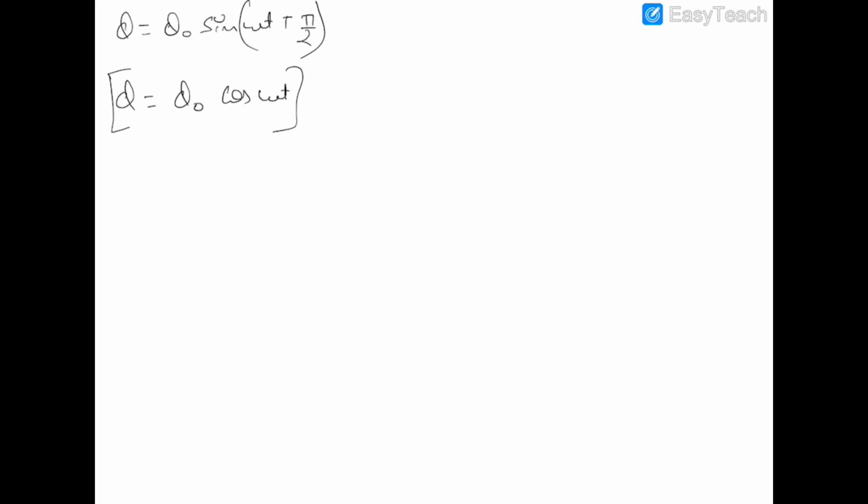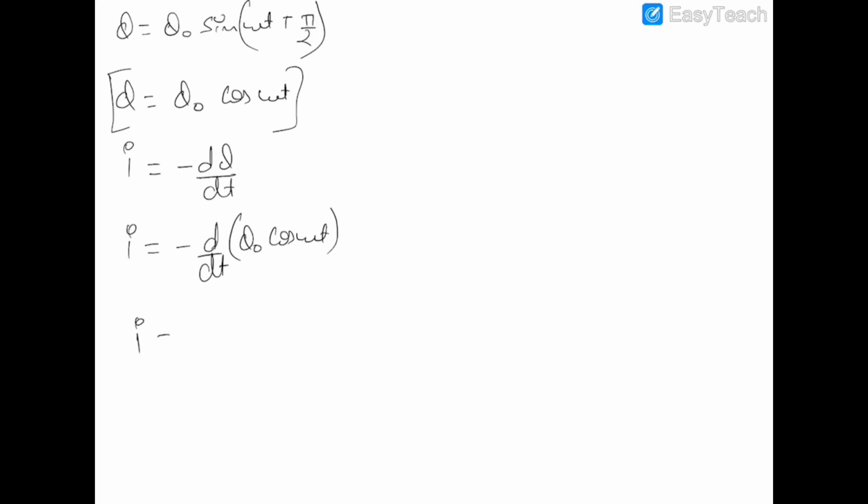If I find the current, then I can write that I is equal to minus dq by dt. You should not forget this minus sign, because when the current increases, the charge will decrease. So I is equal to minus d by dt of q naught cos omega t.